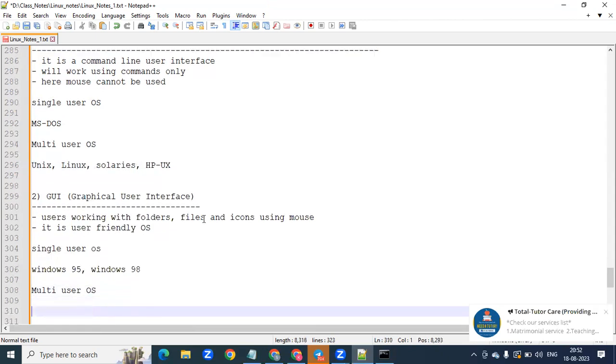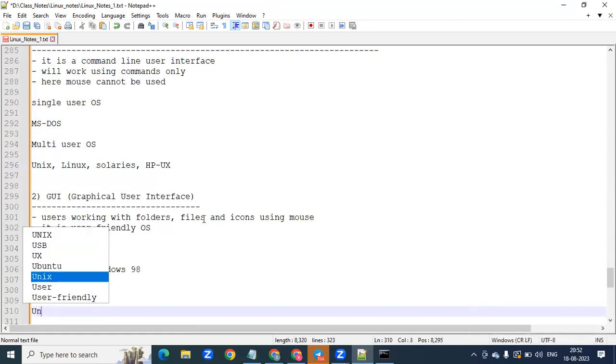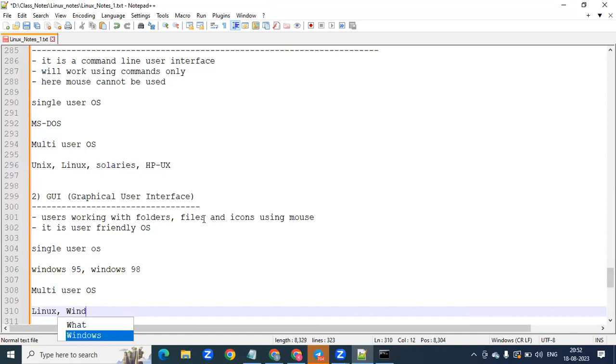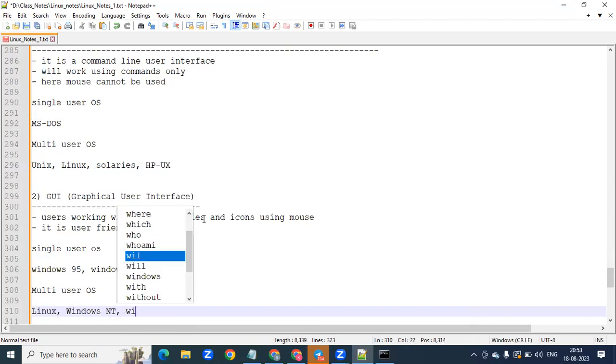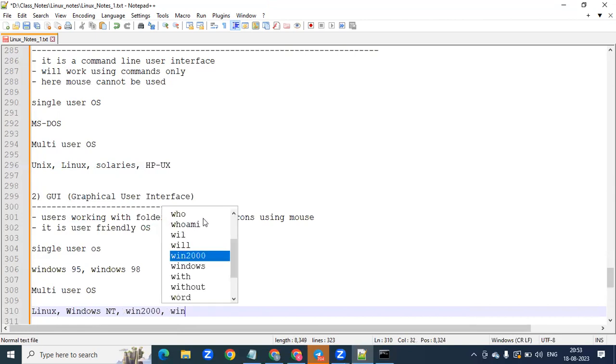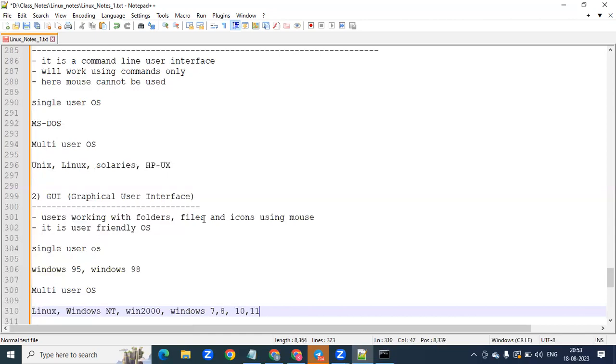For multi-user OS, we can consider Linux, Windows NT, networking Windows 2000, Windows 7, 8, 10, and 11 we have.